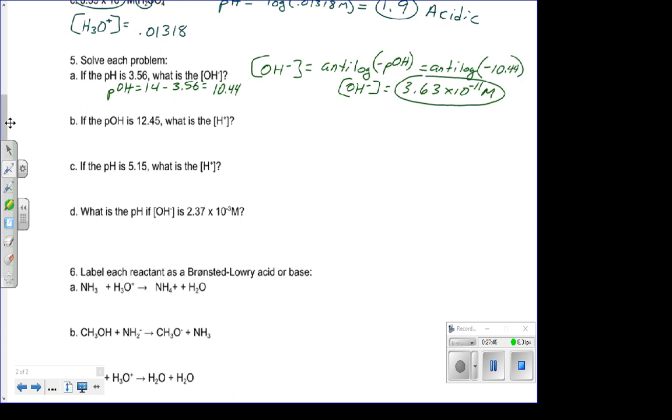Letter B is basically the same thing, we just flipped it around. Give the OH and ask for the H concentration. H concentration, or H3O concentration, would be the antilog of the negative pH.